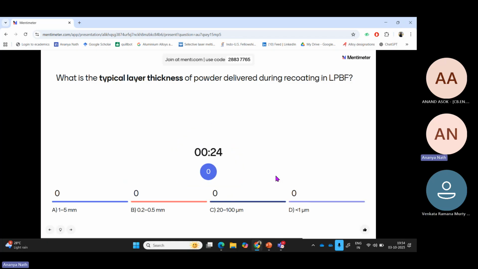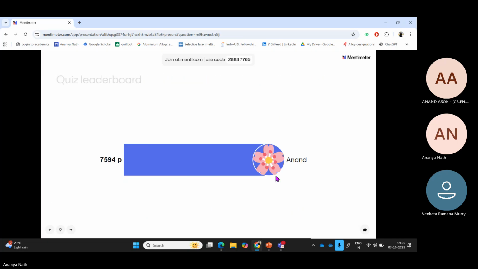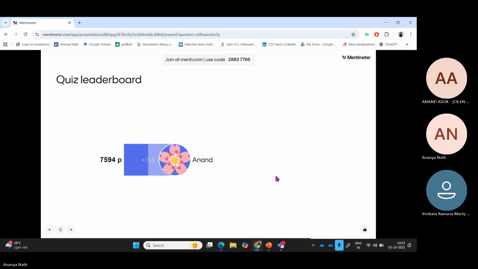Typical layer thickness, I have mentioned this during today's session. The layer thickness of the process is 10 microns to 200 micrometers, I guess.